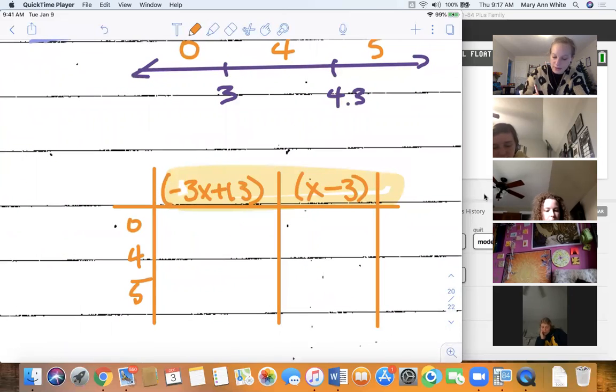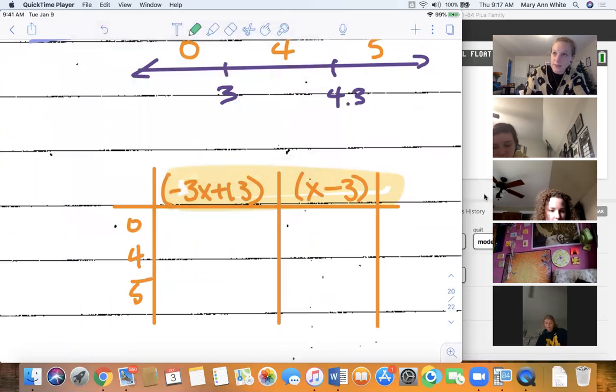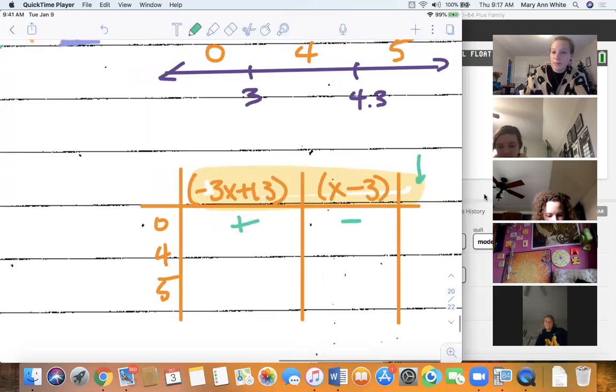Okay, let's start by plugging in and then we'll see why this works. So if I have 0 and I plug it in, negative 3 times 0 is 0. 0 plus 13, that will be a positive number. Then I do 0 minus 3, that's a negative number. Now your question to me might be, how do we find what goes in the last column? Just like when we were doing with polynomials, we were multiplying them together. A positive times a negative, we know that would end up being a negative number.